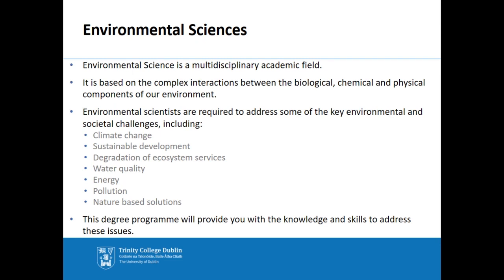Looking at issues such as energy production and the pollution that's associated with that, and thinking about how we can look to new and novel ideas such as nature-based solutions to help us try and solve some of these problems. And as I've mentioned, this degree program has been designed to provide you with the knowledge and the skills to address these key issues.